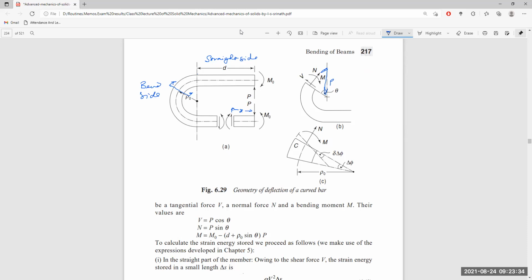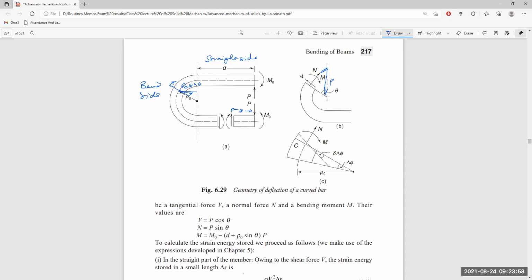If we draw a right angle triangle here, rho 0 is the hypotenuse, and rho 0 sine theta is the distance from this portion to the central line of the centroid of this section.